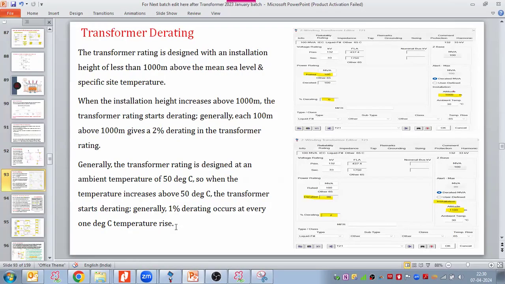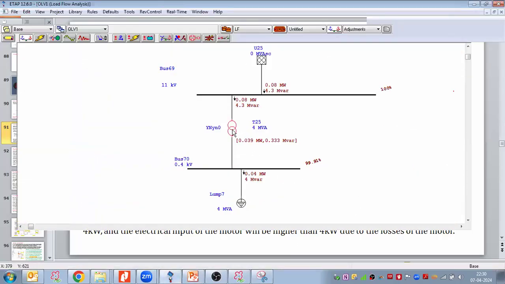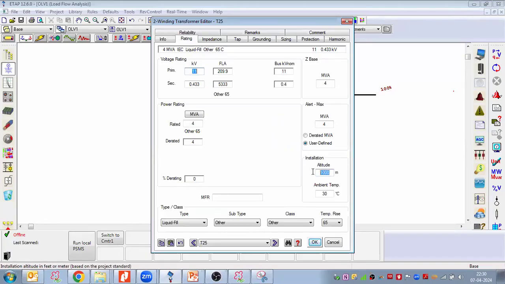Any transformer, their power 4 MVA or 5 MVA, is defined at a certain installation altitude and ambient temperature. Generally, the transformer is designed for an installation altitude up to 1000 meter above mean sea level.